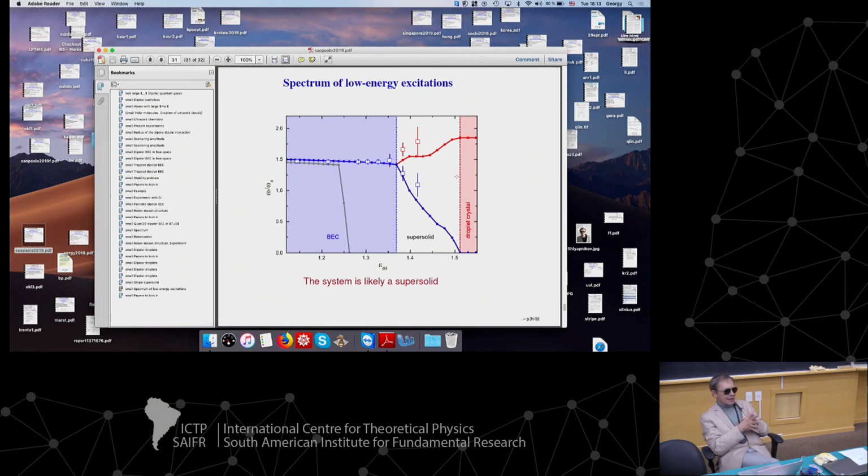This is what they say. But all these manipulations, you cannot just increase or decrease the condensate density at will. What you can do is put more particles, change trap frequency, change the ratio of the dipole-dipole to short-range interaction. This is what they do experimentally.